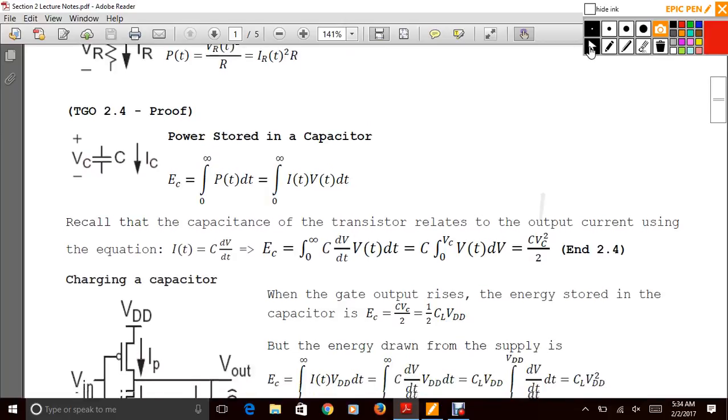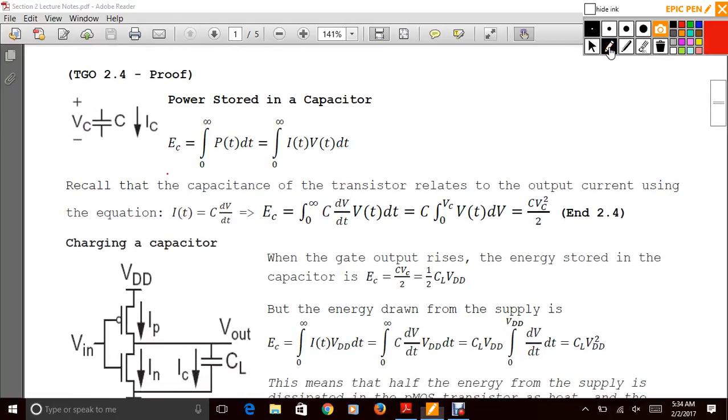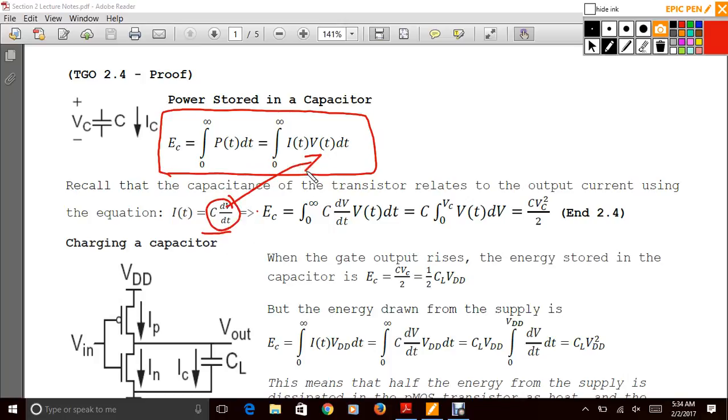So we're going to go through this equation here. We already know this, so from 0 to infinity. Recall that you learned this in electronics and electric circuits, that I equals C dV/dt. So you have some sort of function of the voltage.